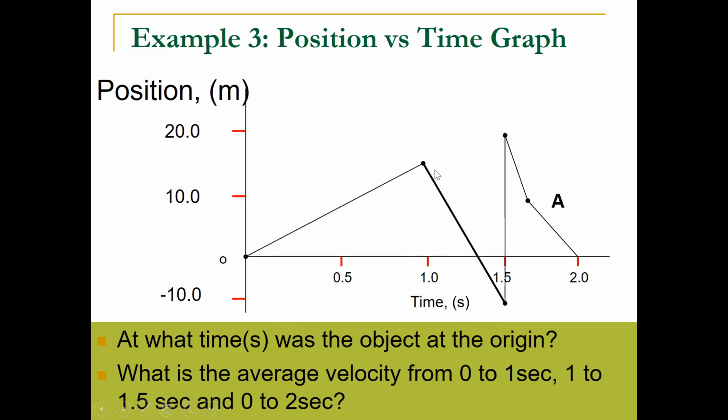So if I divided -25 by 0.5, what is my average speed here? Anybody? Isn't it negative 50? Negative 50 meters per second. You're hauling butt. All right.